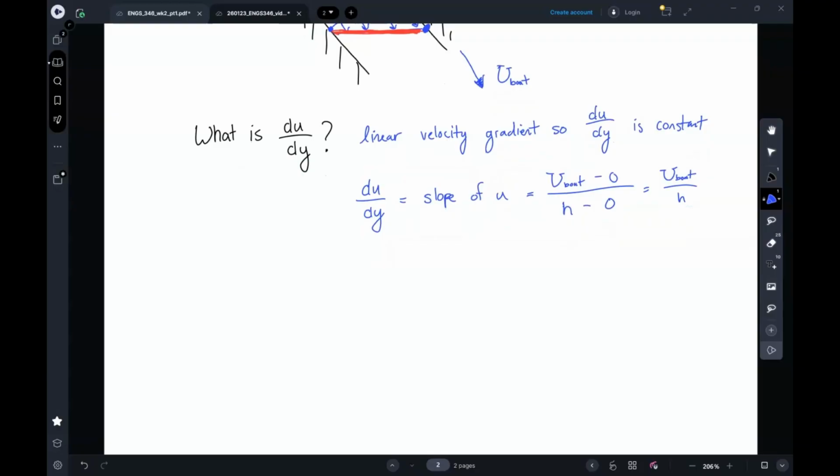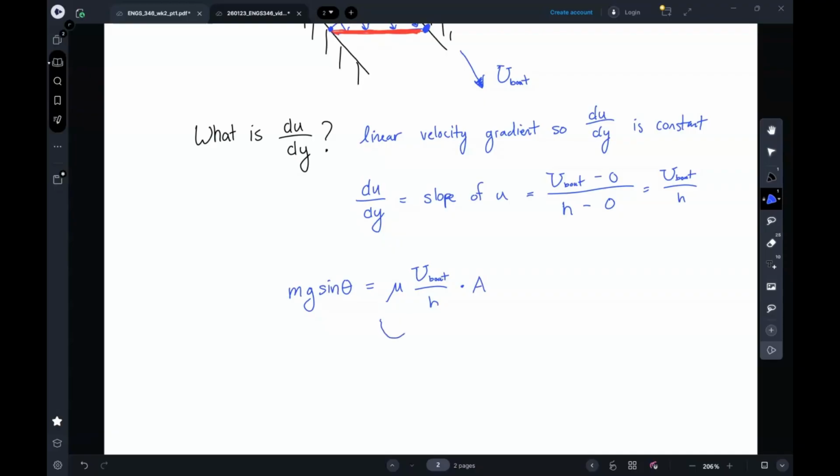So we can go back to our previous math and say that mass times gravity times sine of theta is equal to viscosity times u boat divided by h times the area.